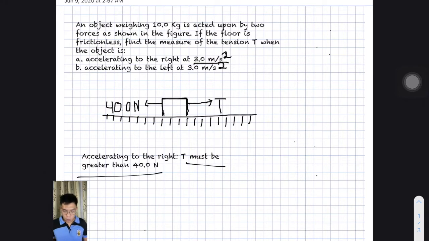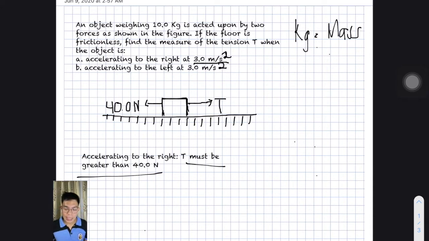Okay? So, an object weighing 10.0 kg. What is 10.0 kg? Of course, 10.0 kilogram is a unit for mass. Any type of 10 kilogram, 100 kilogram, or so on, kilogram is a unit for mass.